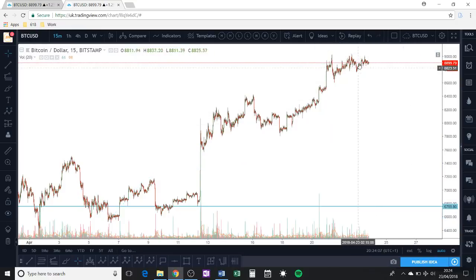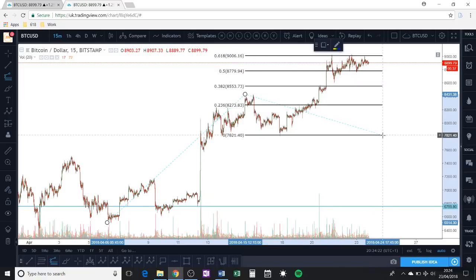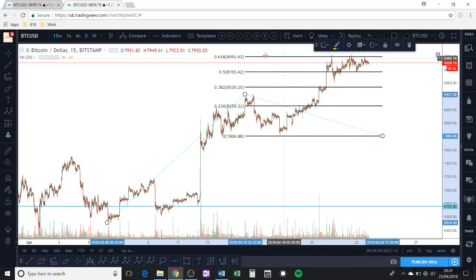Another way to show that this is a wave 5 finish is if you do a fib extension from wave 0 up to wave 3 and extend that from the beginning of wave 5, you can see almost bang on it's hit the 0.618. So a few reasons for why that could be 5 waves finished right there.